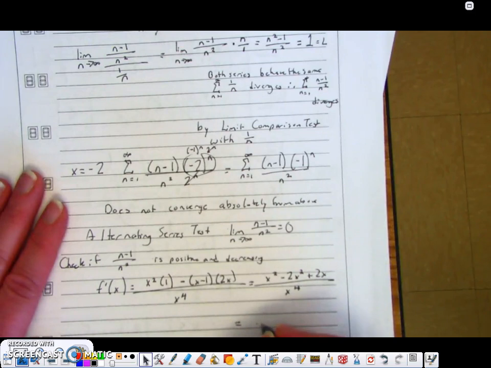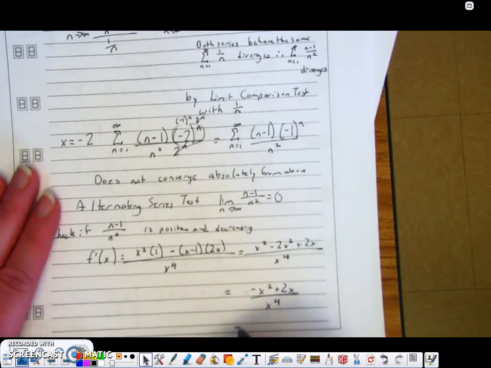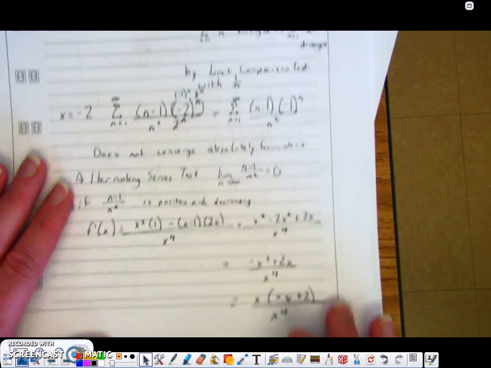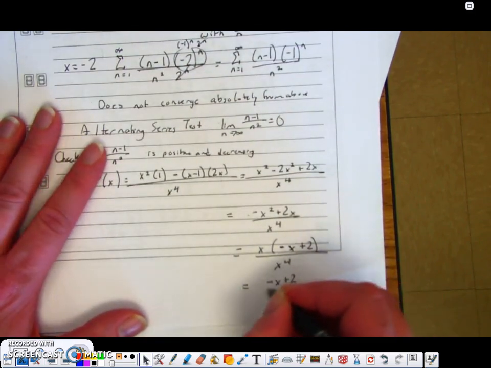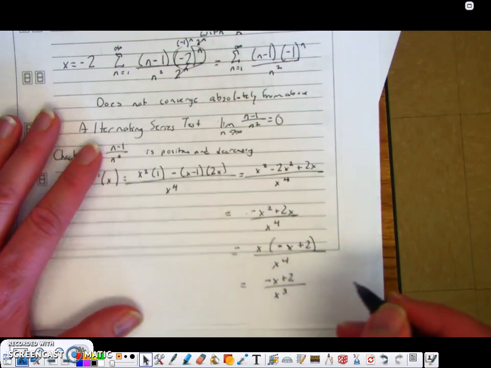So then we would have negative x squared plus 2x over x to the 4th. If I took out an x, that would leave me negative x plus 2 over x to the 4th, and one of my x's could cancel, so I have negative x plus 2 over x cubed.